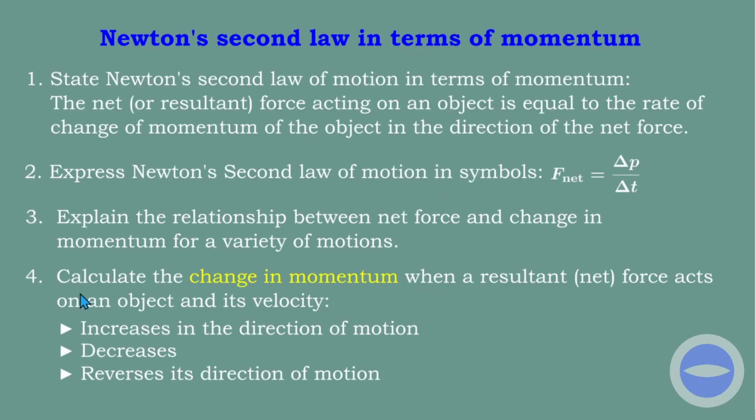Then here they said we must calculate the change in momentum when a resultant force acts on an object and its velocity is increasing, the direction of the motion is decreasing, or is reversing.